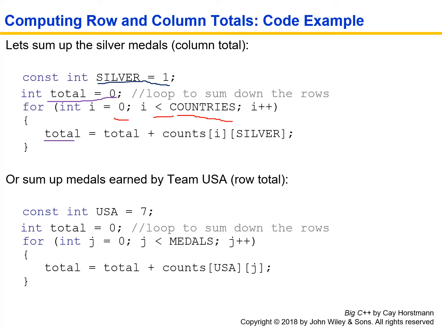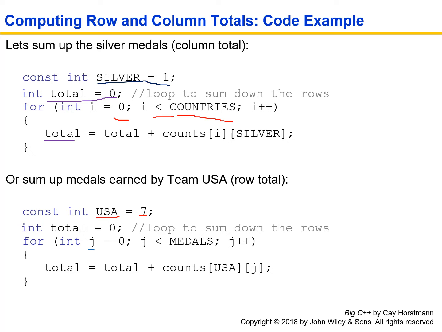We can do the same the other way around. We can make a constant USA, which we know is country number 7. It's row 7. So this time we count up the columns.